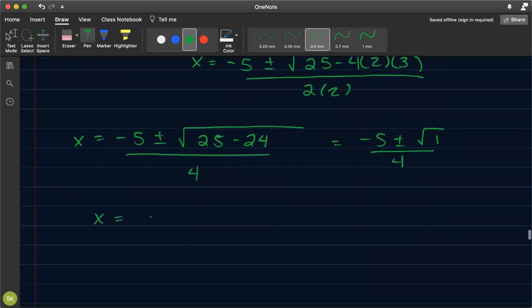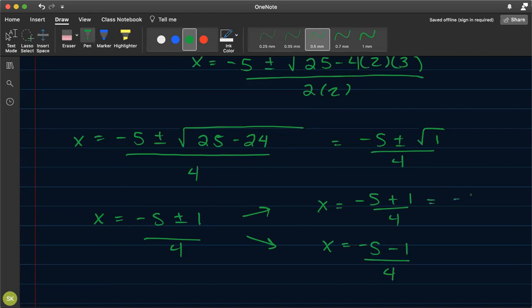So x is equal to negative 5 plus or minus 1, because the square root of 1 is just 1, over 4. Now, there's no reason to leave this like this. There are no square roots, so we can actually simplify this. We have 2 answers. X is negative 5 plus 1 over 4, and x is negative 5 minus 1 over 4.